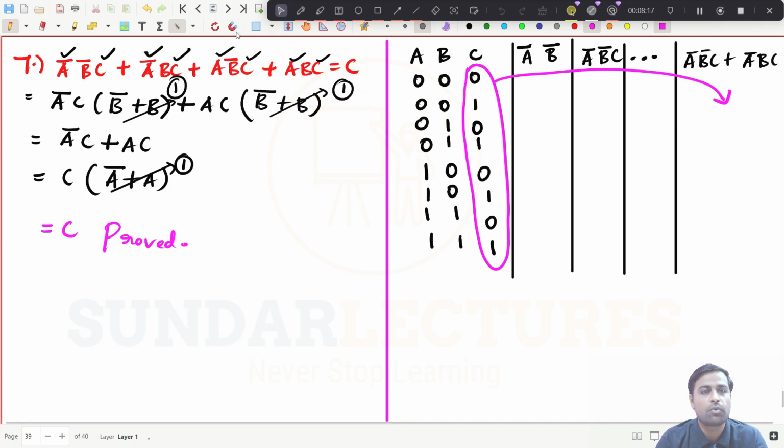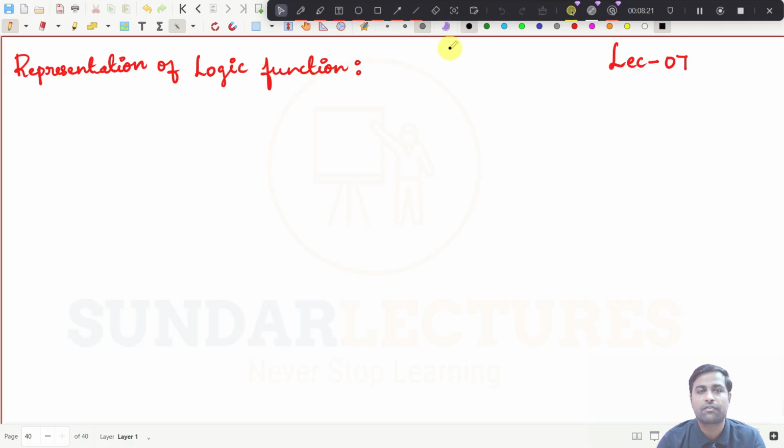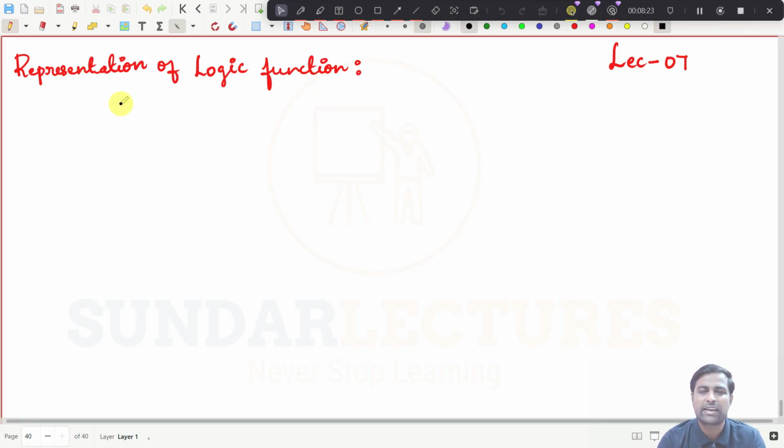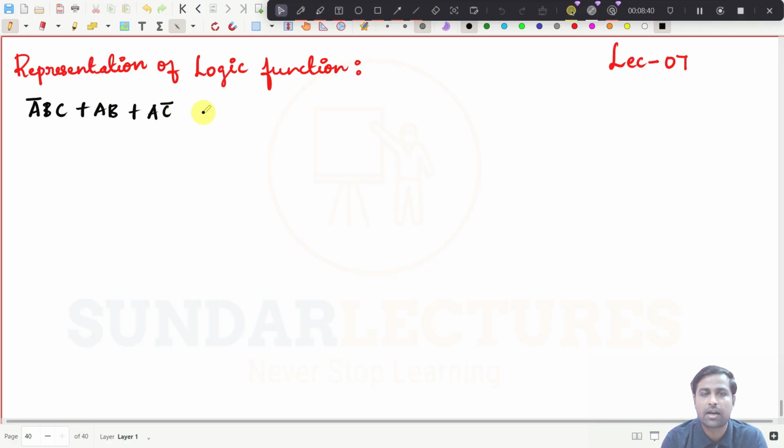So now, what we will do, we will go for representation of logic functions. What is representation of logic functions? There are two different forms. For example, we generally write a bar b c plus a b plus a c bar plus a b bar, like that we write the expressions.